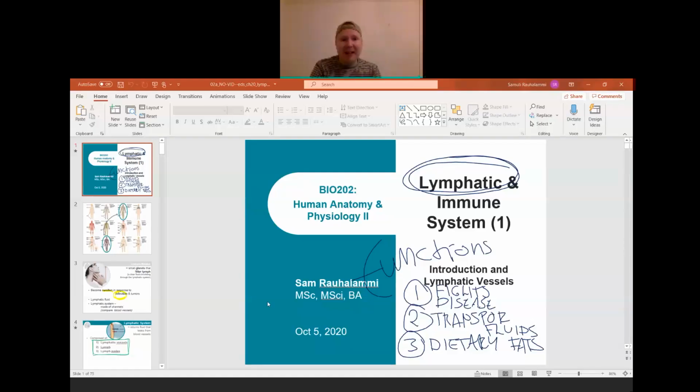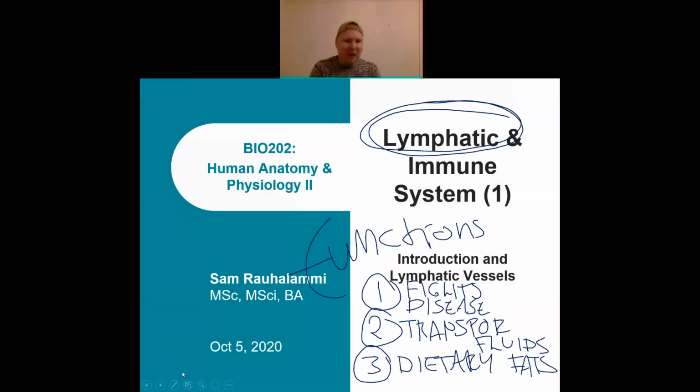And I think we have the presentation here. I think that the lymphatic and immune system are one of those chapters that reminds me of what we covered on the endocrine system, that there's a lot to go through, and it's very easy for it to start to feel like an overwhelming topic, because to really understand everything, you have to understand so much more than what we can cover in this session.